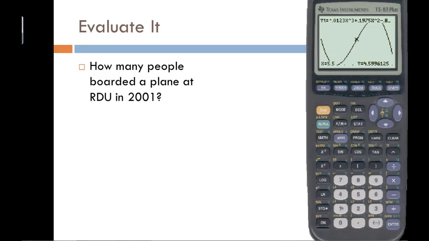In this example, we want number 1. So press 1. So if x equals 1, press enter, and it will determine the value for us. If x equals 1, the y value is 4.6. So in 2001, there were 4.6 million passengers who flew out of RDU.